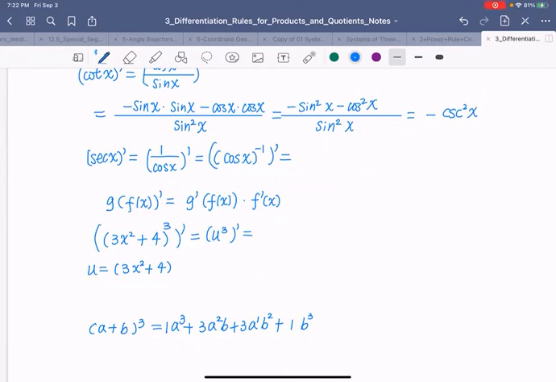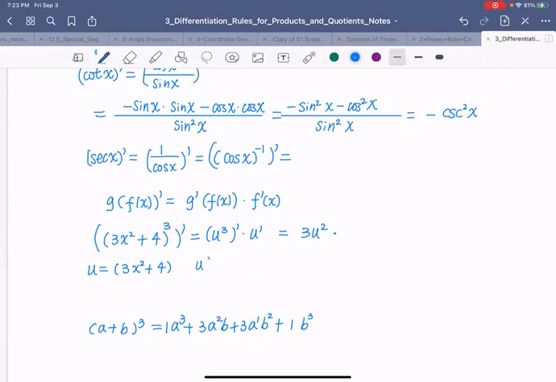3u squared. All right, so this is the 3u squared. But the problem is, for this guy's derivative, your x is your independent variable, but here you changed u as the independent variable. So this piece is not equal. You have to have some additional stuff: you have to times u prime. So this is 3u squared times u prime.